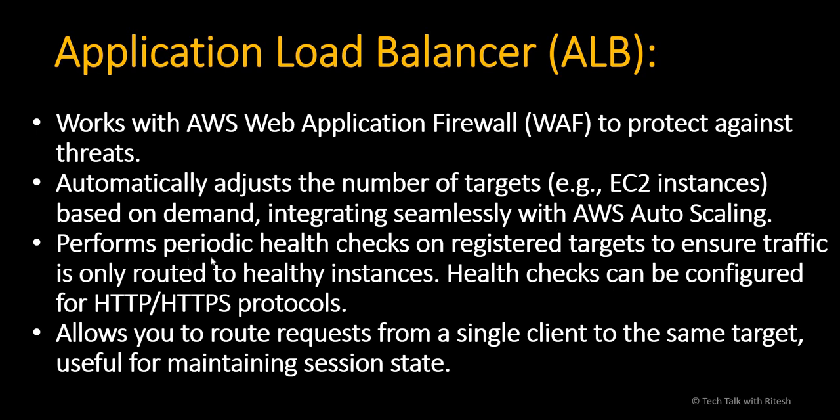We will see that. It performs periodic health checks on registered targets to ensure traffic is only routed to healthy instances. Health checks can be configured for HTTP and HTTPS protocols. It allows you to route requests from a single client to the same target, and it is useful for maintaining session state. We will see all those in the demo.